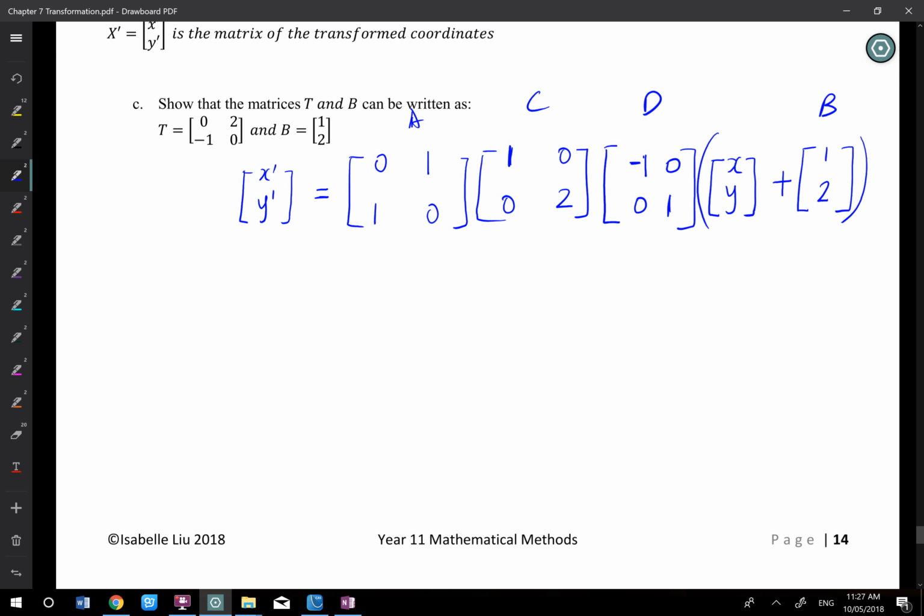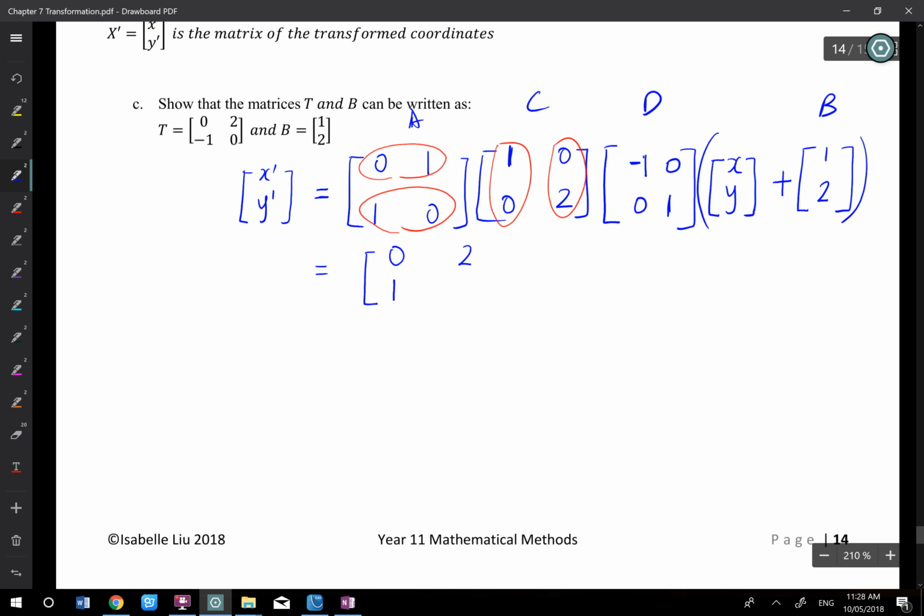Now we need to calculate this. Obviously it can't have 3, we need to have 2. So we will multiply, row and column. A and C first. So that gives me 0, 2, 1, and 0.